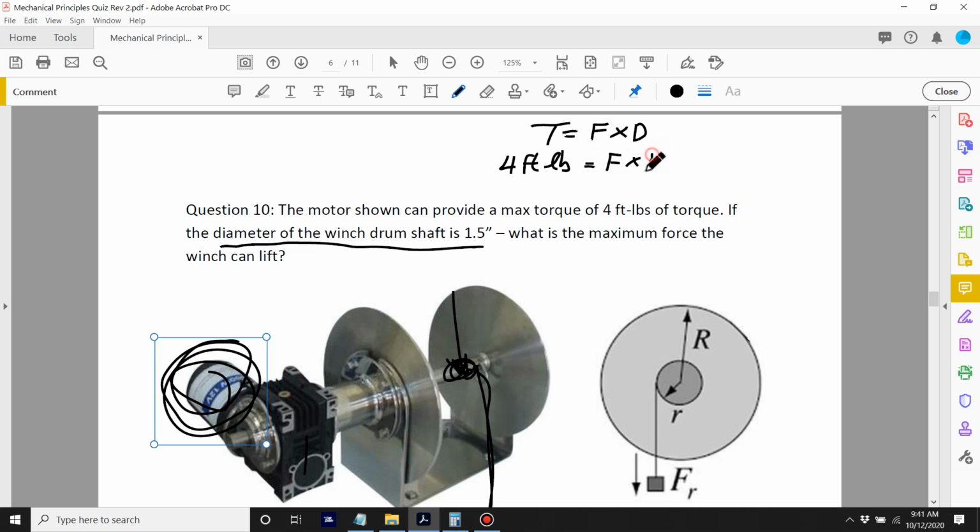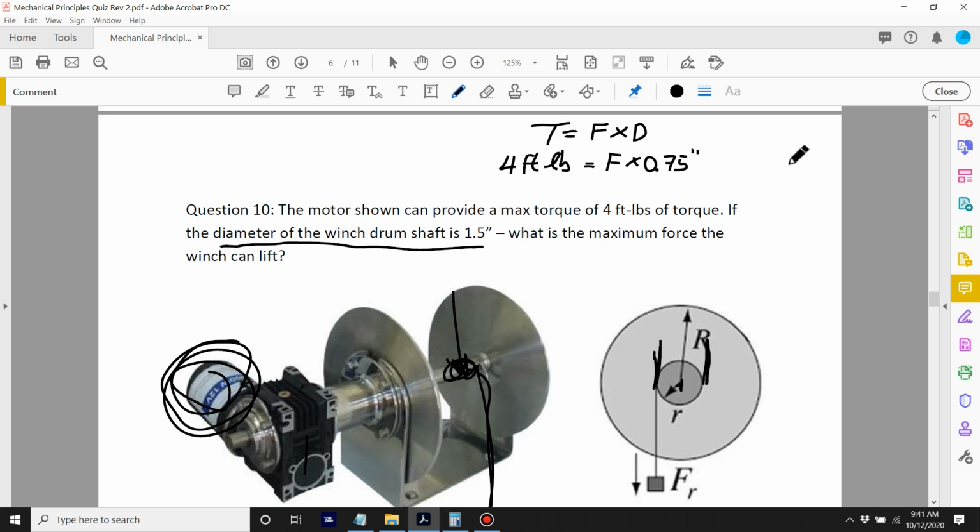The winch drum shaft is 1.5 inches. Oh, be careful. That's this distance here, the diameter. See how when you start going on autopilot, see what happens. The distance from there to there, we want is the radius. We divide this by 2. That's 0.75 inches.